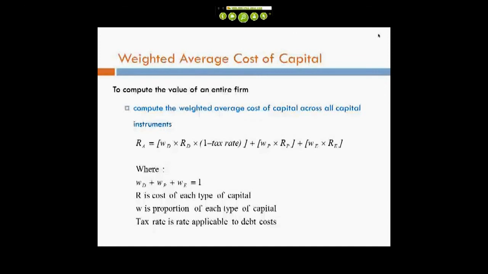The sum of your weighting factors equals 1. So think about the right-hand side of your balance sheet, the percentage of each of these 3 categories on the right-hand side of your balance sheet.